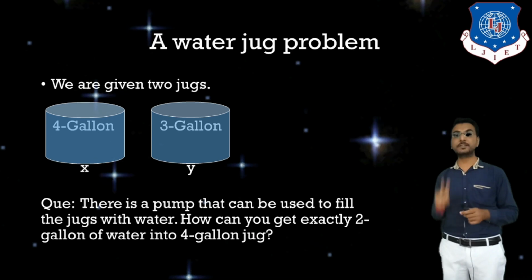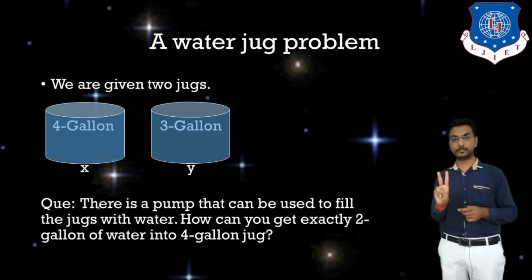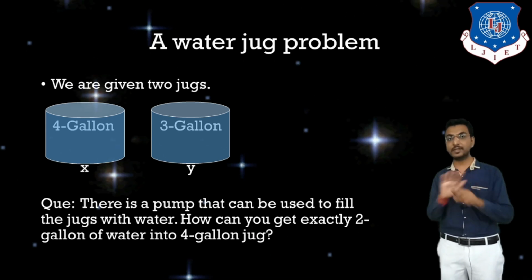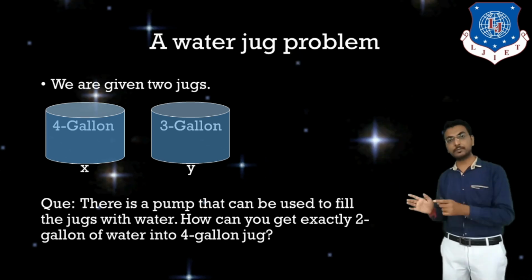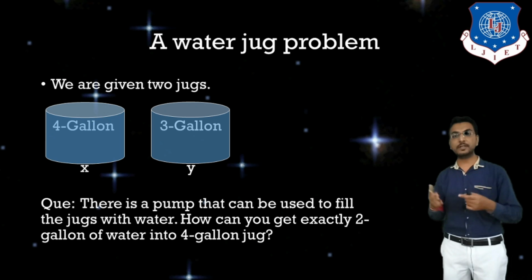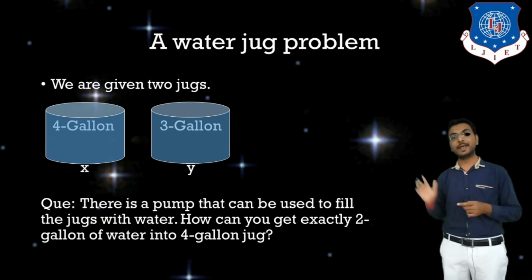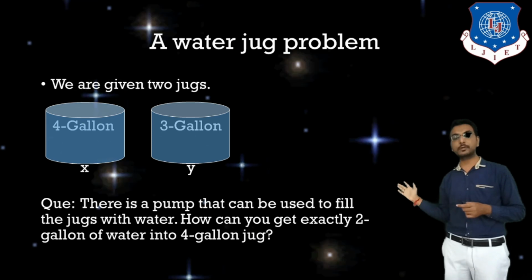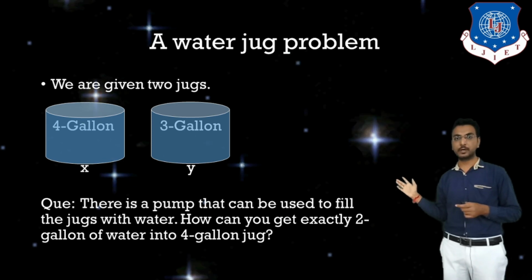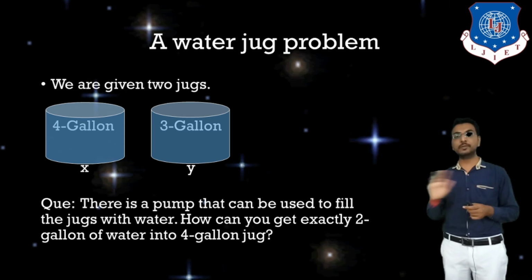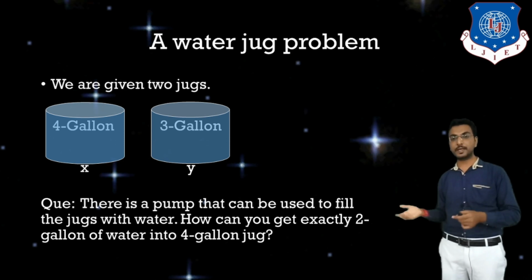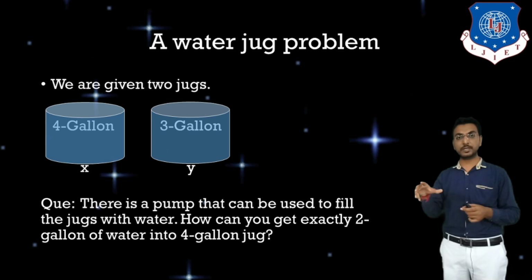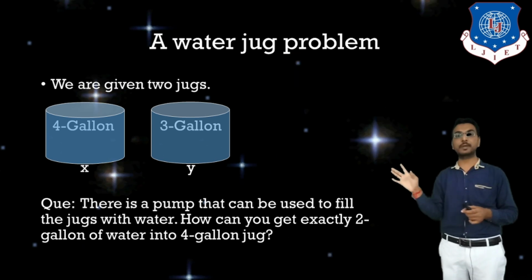Either we can empty a jug fully or fill it fully, and whatever we do should be in terms of 4 gallons or 3 gallons only. We do not have a measuring instrument to pour out or fill some partial amount of water.